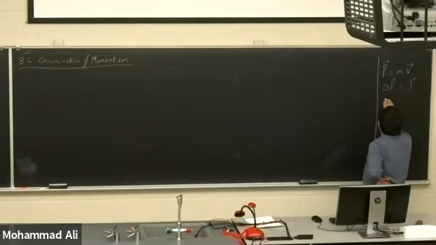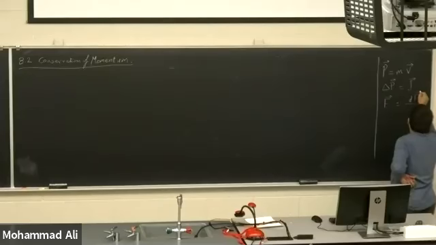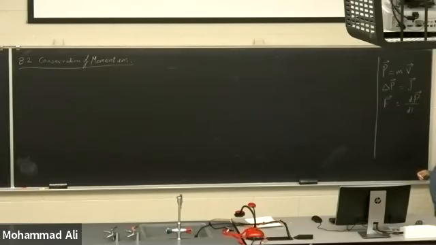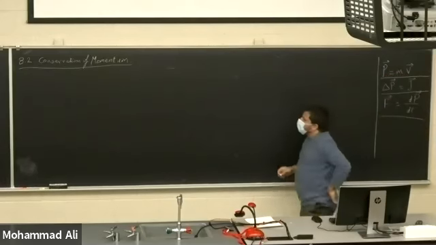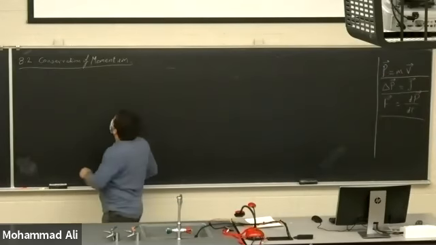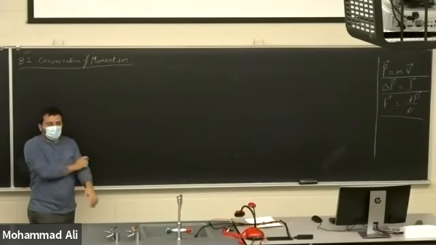And we also have the force, which is the rate of change of momentum, the time derivative of momentum. We have these three relations from the previous lecture. Now, we need to learn more about conservation of linear momentum.